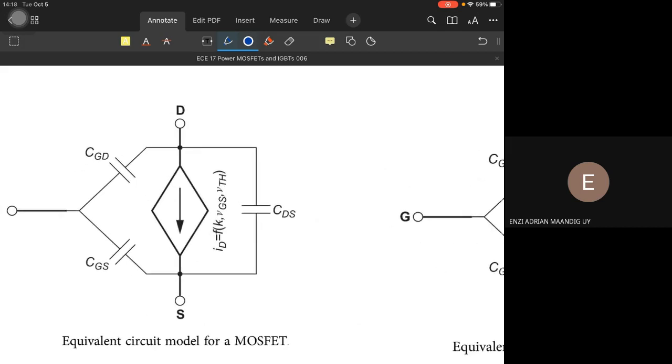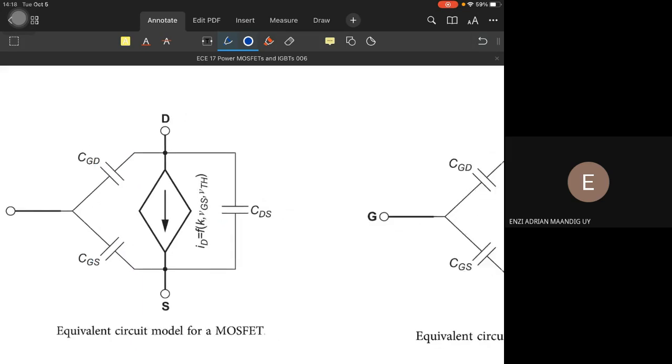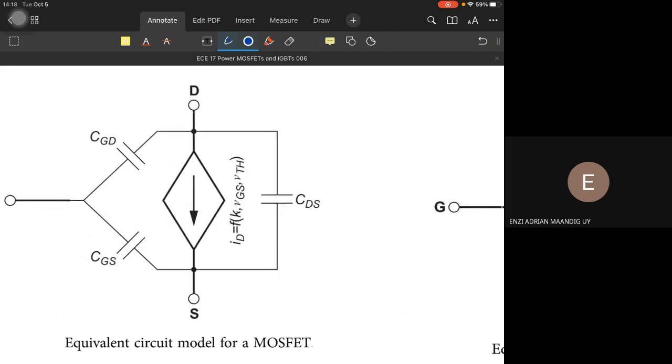And notice na naa'y mga capacitances, no? Mga capacitor. But then again, equivalent circuit na siya, no? Kung mag-measure ta og capacitance sa iyang mga terminals, naa'y ma-measure nga capacitances. That's why ang actual equivalent circuit of a MOSFET naa'y capacitance. Dili pwede nga i-ignore na siya.